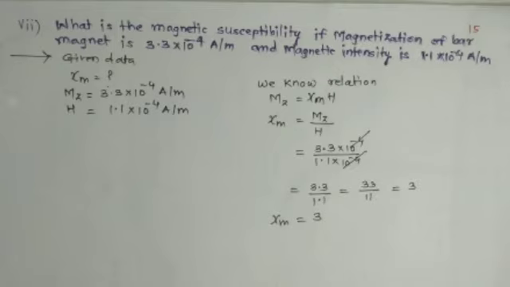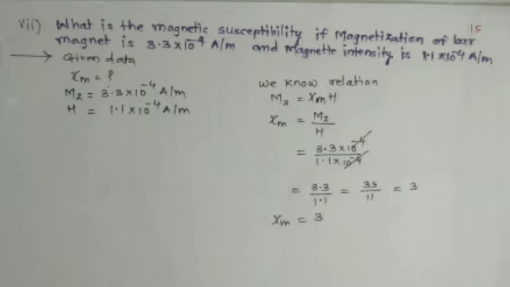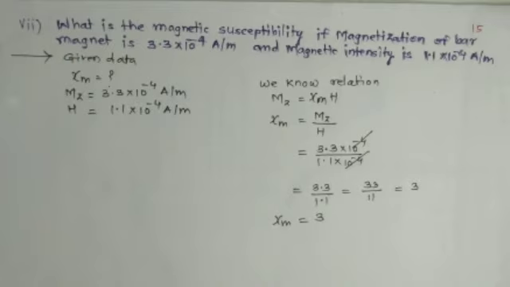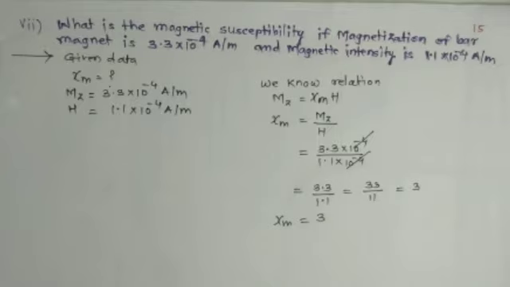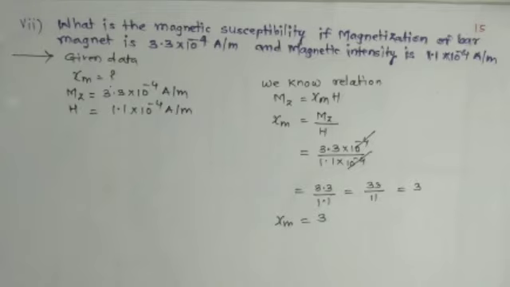So here the answer will be, given data: magnetic susceptibility chi m equals question mark. Magnetization M is given 3.3 into 10 raised to minus 4 ampere per meter and magnetic intensity capital H is equal to 1.1 into 10 raised to minus 4 ampere per meter.